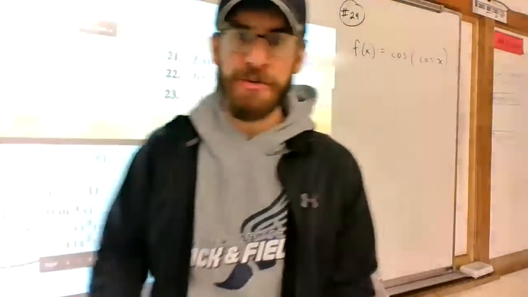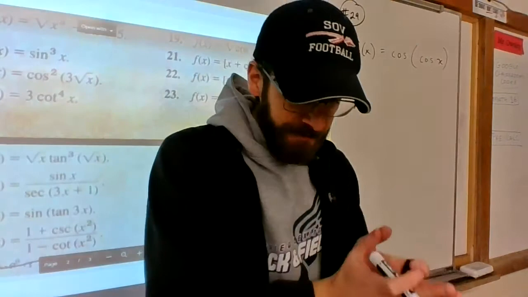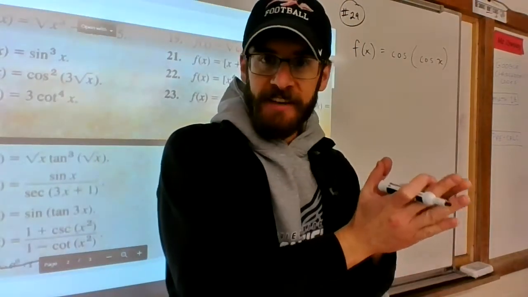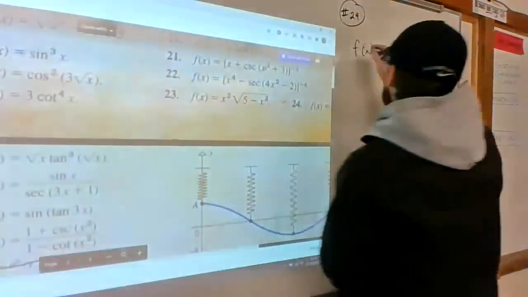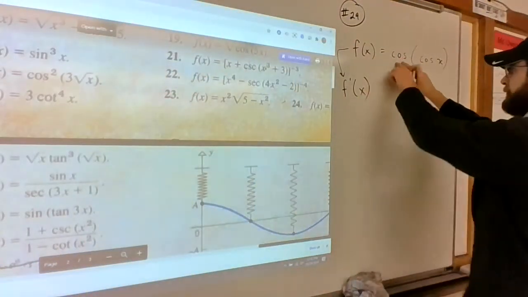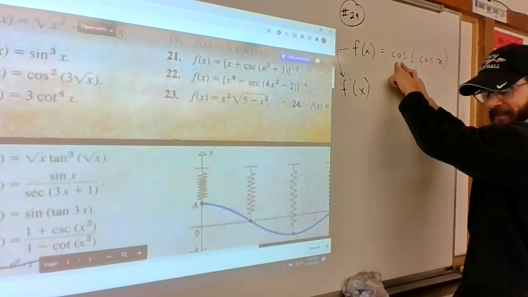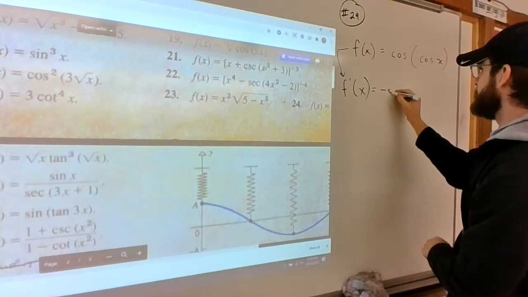Now, as long as you understand function composition, this shouldn't be too mind-bending. We take the derivative of the outermost function, leaving, if it's trig, its angle unchanged. The outer function is cosine. The derivative of cosine is negative sine.